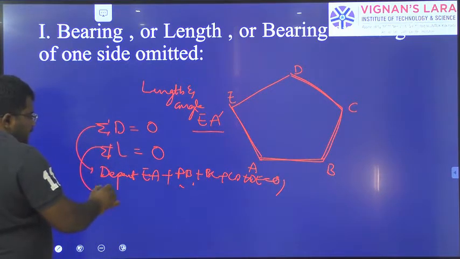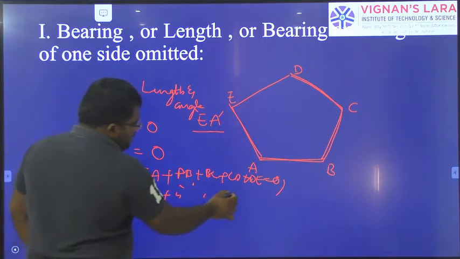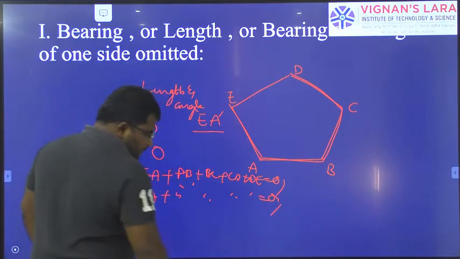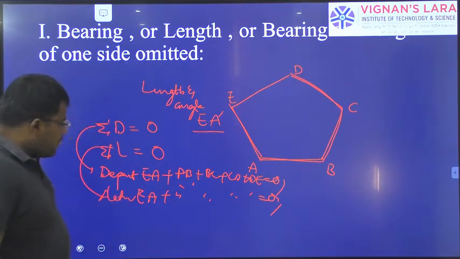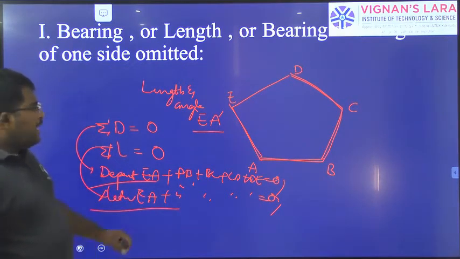Then latitude of EA plus AB, BC, CD, DE latitudes will be equal to 0. Once you make it equal to 0, you are going to know departure and latitude both.